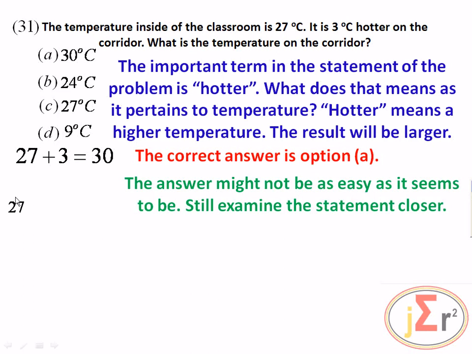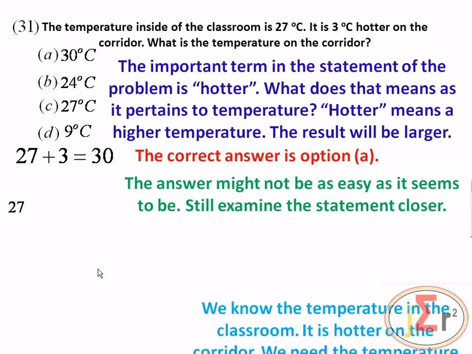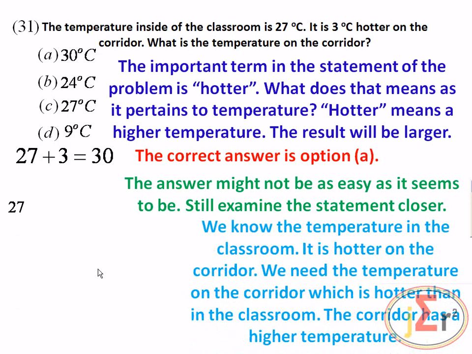So, we are making note of the 27 degrees Celsius temperature that is inside of the classroom. We know the temperature in the classroom, which is 27 degrees Celsius. It is hotter on the corridor. We need the temperature on the corridor, which is hotter than in the classroom.